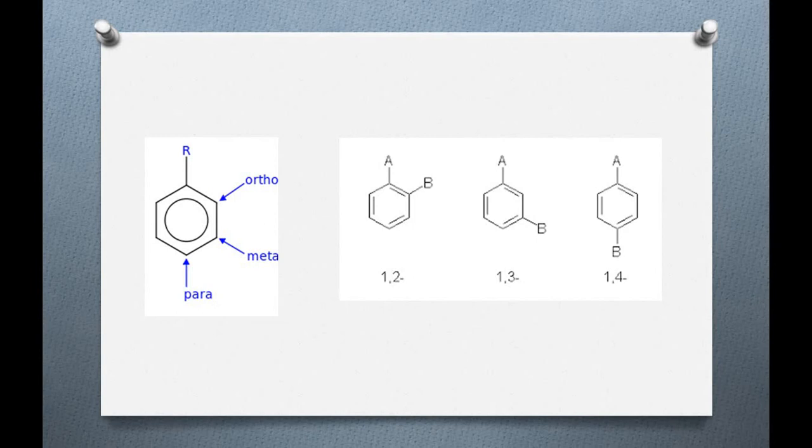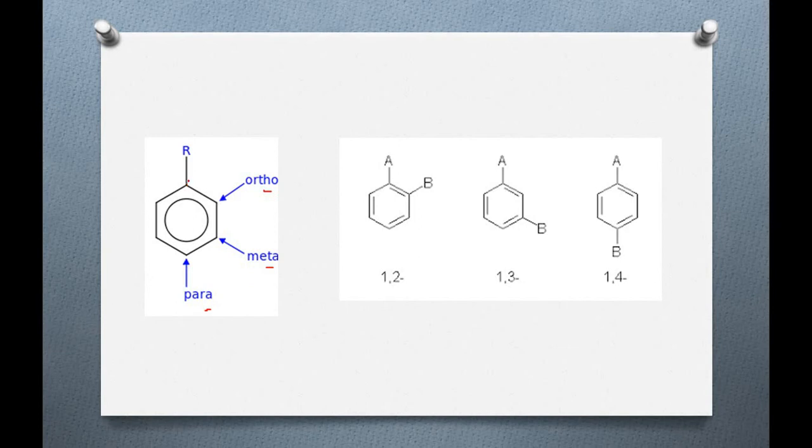Usually when we have these ring structures, benzene rings or any other kind of rings that you see in organic molecules, their nomenclature has a very particular way of doing it. I am sure that you are familiar with these words, but let me just quickly remind you: ortho, meta and para.